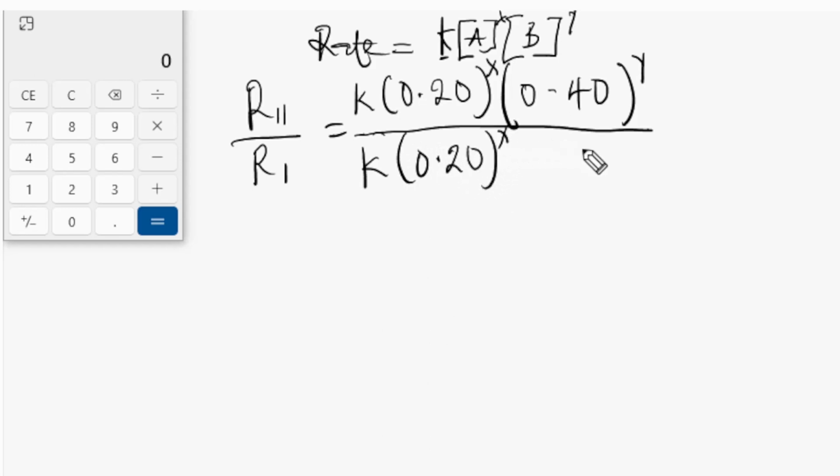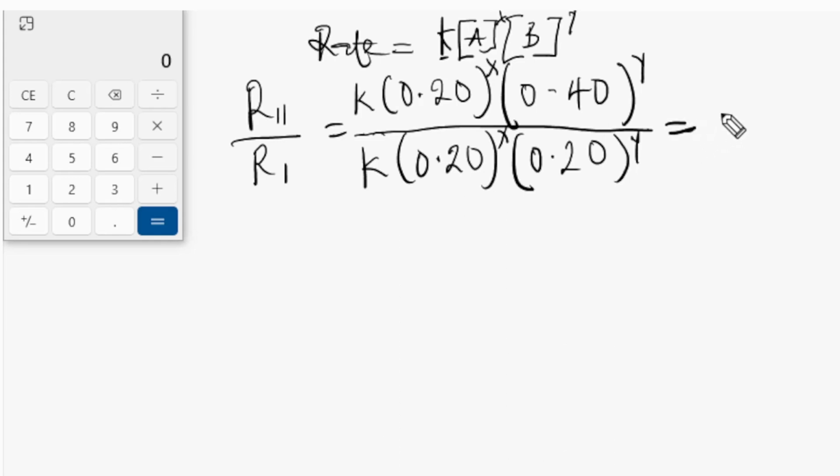So this is raised to the power of X, and then concentration of B with respect to the first rate is also 0.20. So we're going to put that here, 0.20, and raise this to Y.